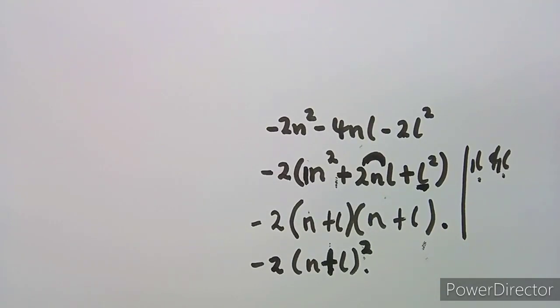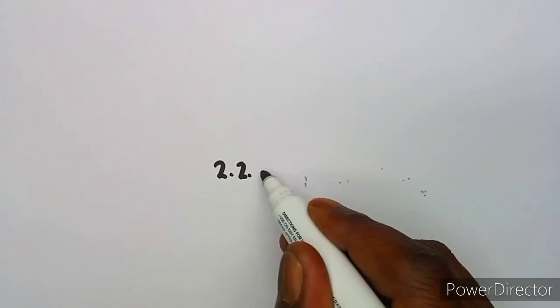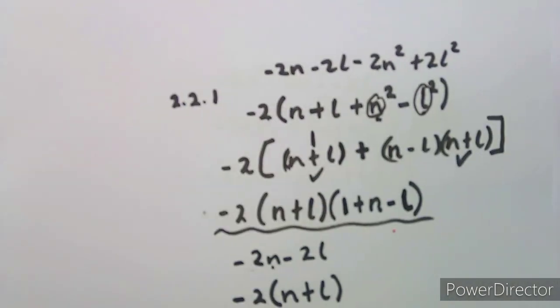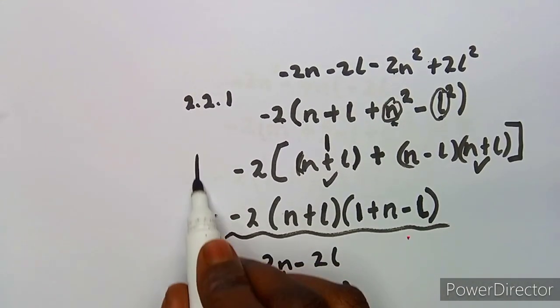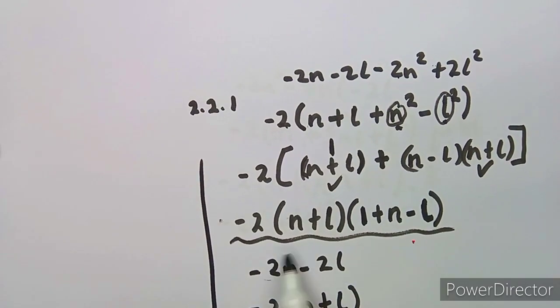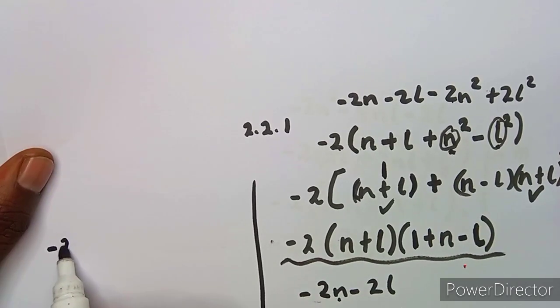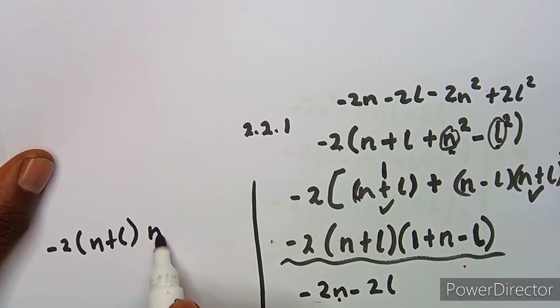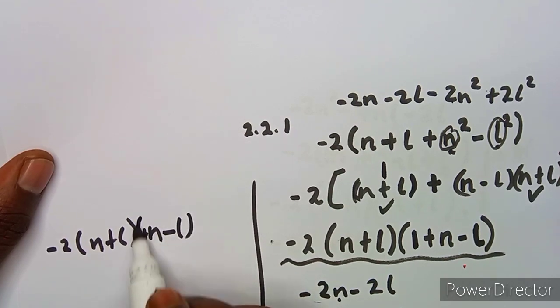This is 2.22. Okay, so remember guys, I told you that the HCF must be common throughout. So these are the terms that we had. We obtained minus 2 into n plus l, 1 plus n minus l here.